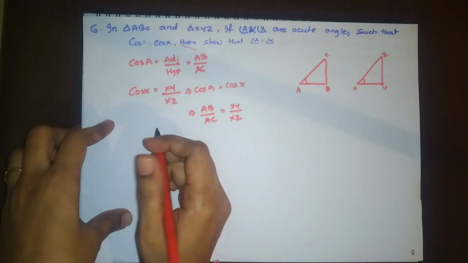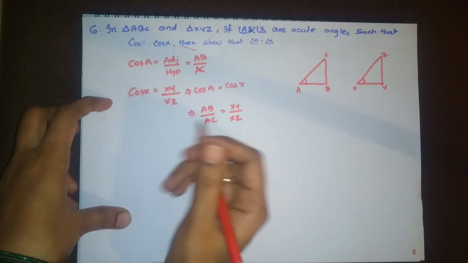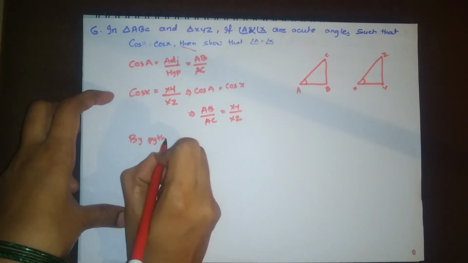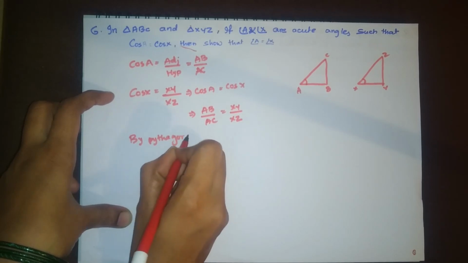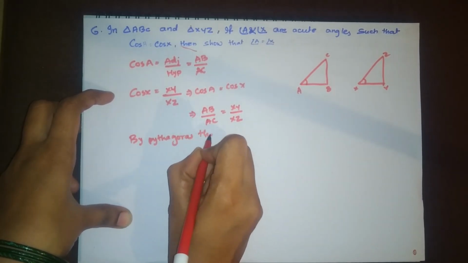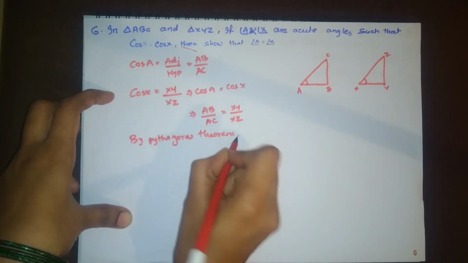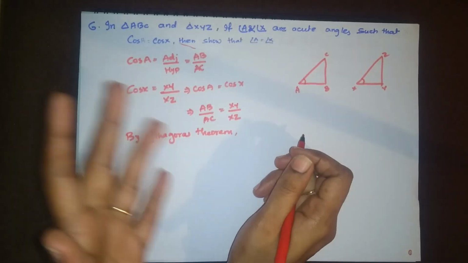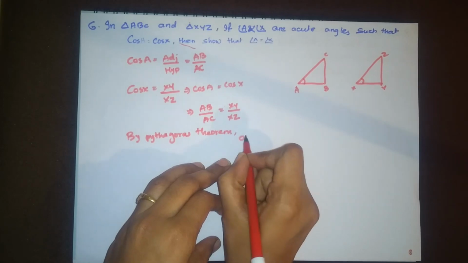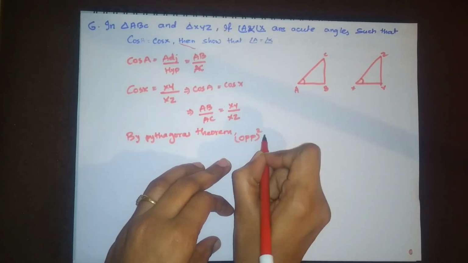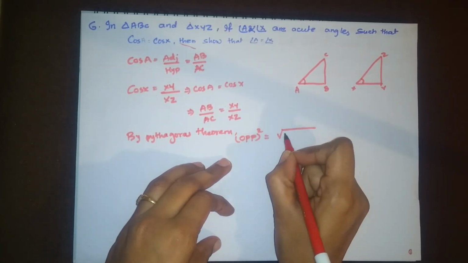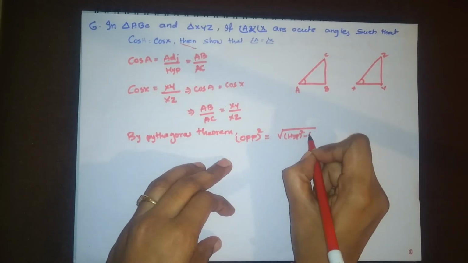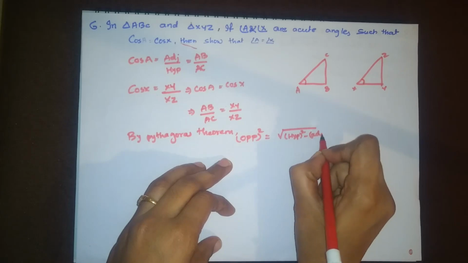So by Pythagoras theorem, what do we know? Hypotenuse square is equal to adjacent square plus opposite square. But let me modify it a little. Opposite square is equal to hypotenuse square minus adjacent square.